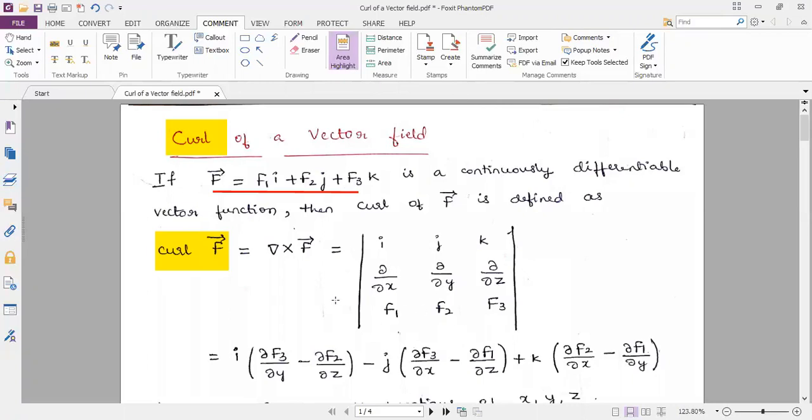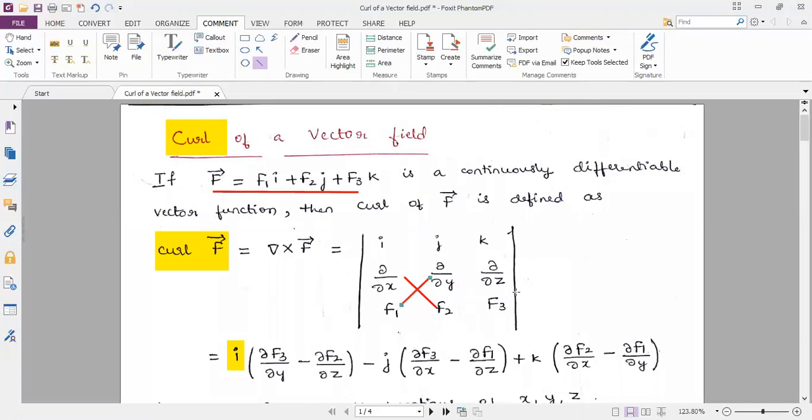On expansion of this 3 cross 3 determinant, we get i into dou by dou y of f3 minus dou by dou z of f2, minus j cap into dou by dou x of f3 minus dou by dou z of f1, last term plus k cap into dou by dou x of f2 minus dou by dou y of f1.